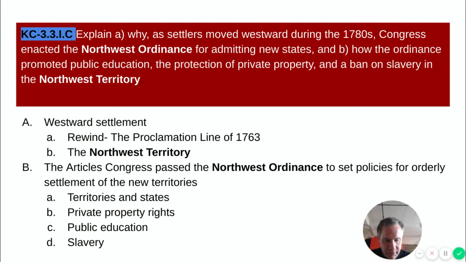Second, the government established a grid over the Northwest Territory. They divided it up very orderly, kind of looks like graph paper. And they divided it into territories, and then each territory is divided into townships. Each township was divided into sections. And those were sold off by the national government.